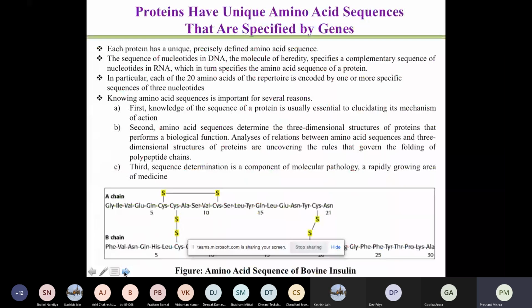Now this figure, the bottom one, shows the structure of insulin, bovine insulin. It gives you an idea of how the interaction could happen. You see a residue which is the sixth residue and the 11th residue.